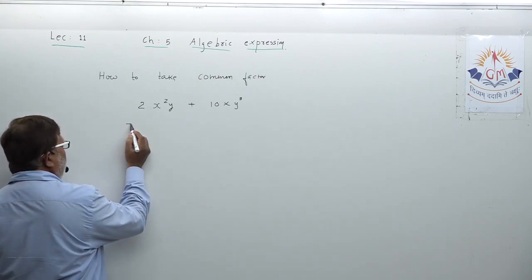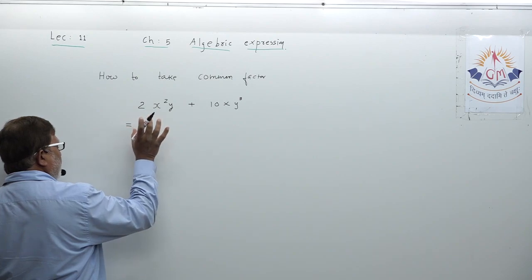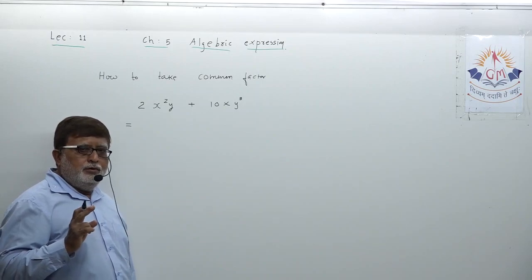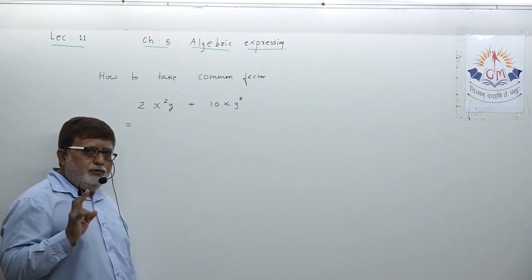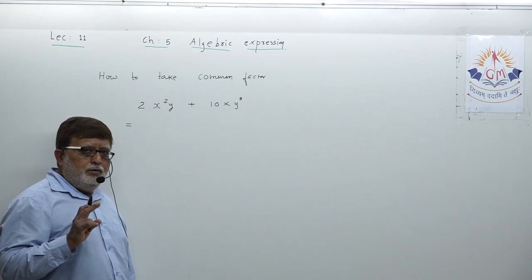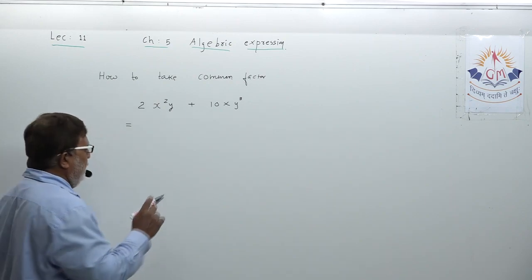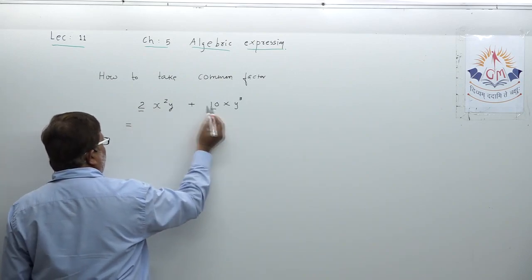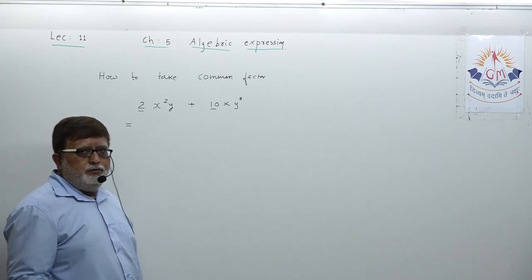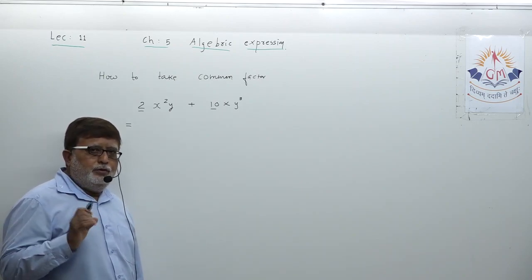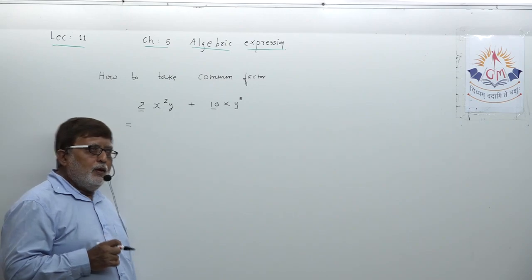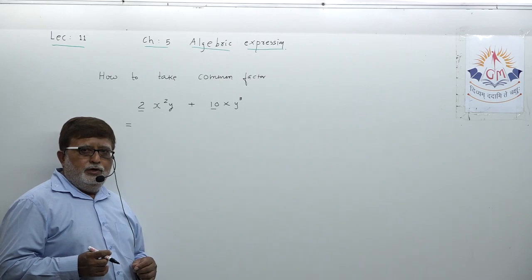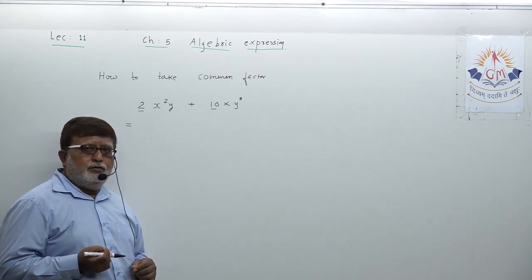See dear student, whenever there is a question of taking out common, you have to first concentrate on coefficient, that is the real number. See, here is 2 and here is 10. First your concentration has to be on number. From 2 and 10, dear student, we can take out 2 as common.